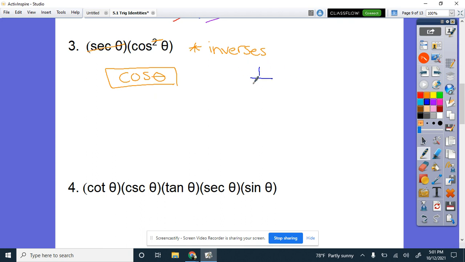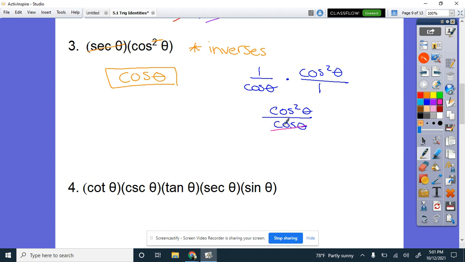Secant is 1 over cosine times cosine squared theta over 1. Rule of multiplying fractions: 1 times cosine squared is cosine squared, cosine has 1, cosine. And then I'm going to do my little handy dandy reduction.